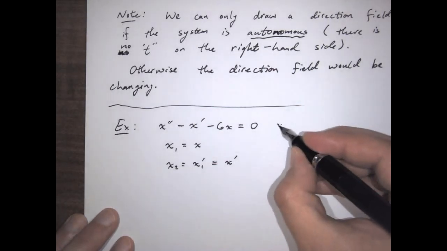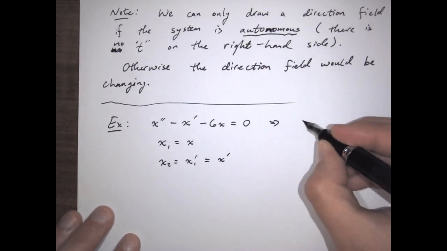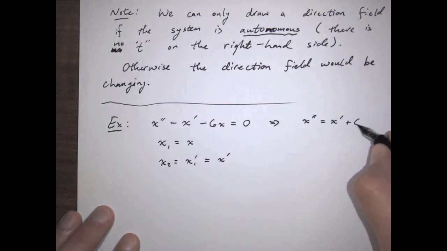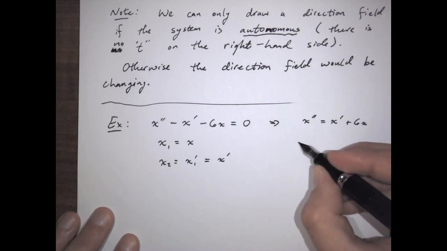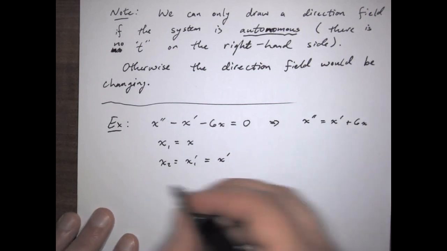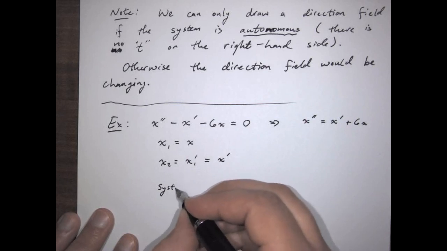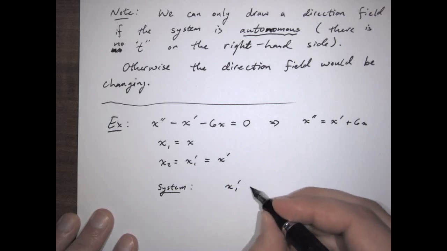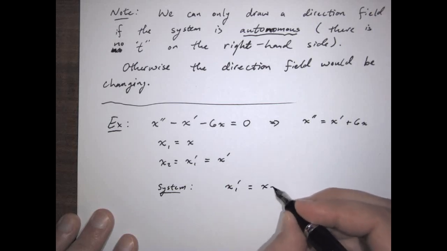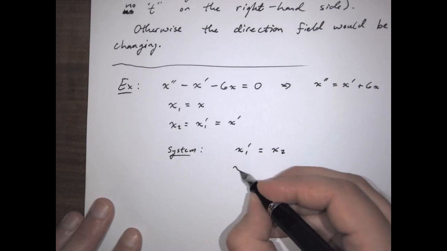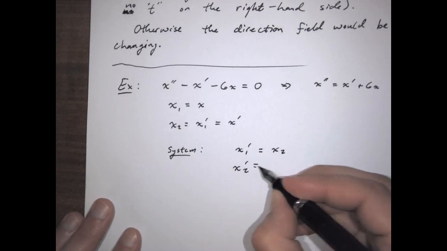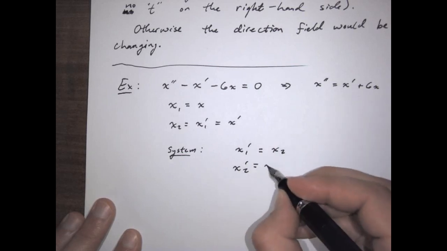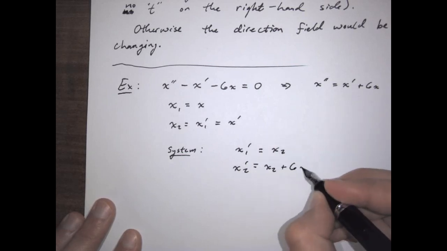If this is rewritten as x double prime equals x prime plus 6x, then by the same logic as before, that gives us x1 prime equals x2, and then x2 prime is equal to x prime, which is x2 plus 6x1.